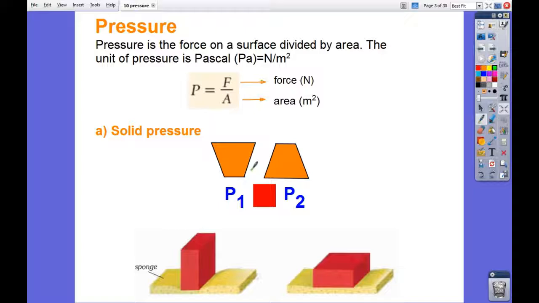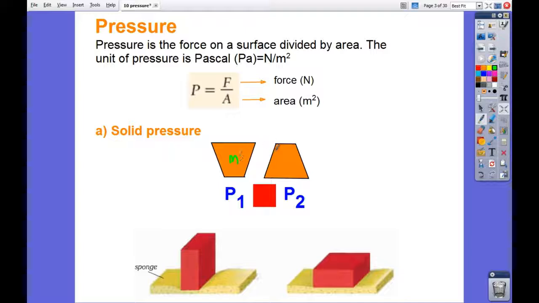Solid pressure is a pressure on a solid object. For example, we have two similar objects, but they have different widths of the top and the bottom part. Here on the left, it has a smaller part at the bottom, but on the right, it has the wider part of the base.